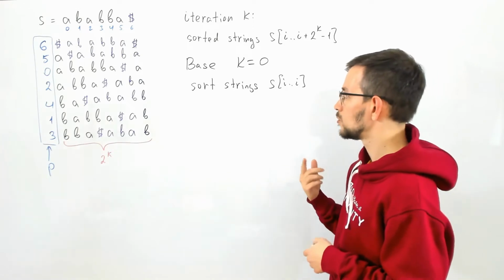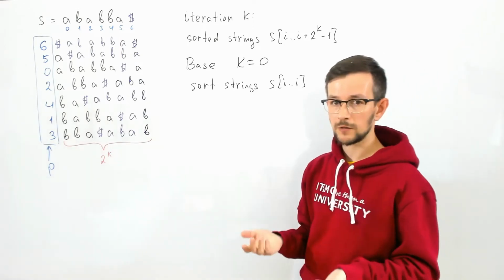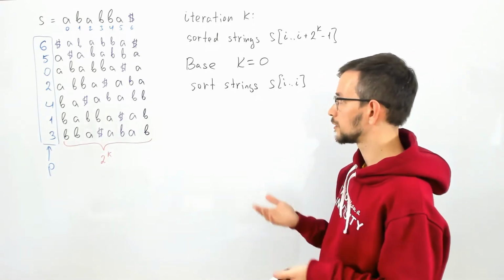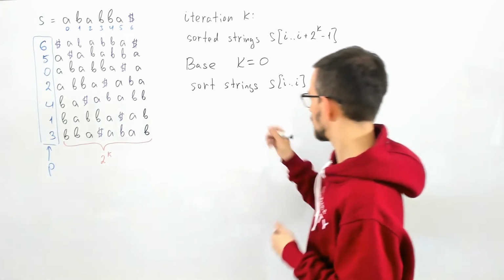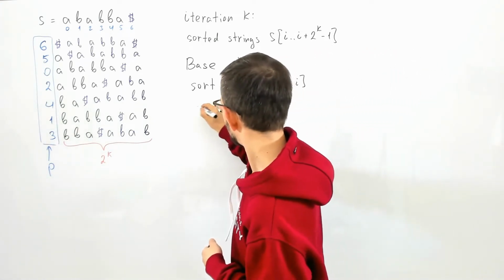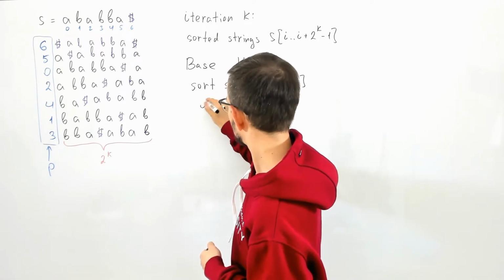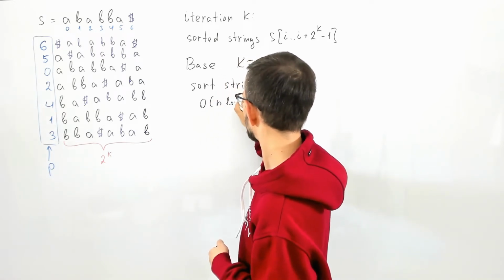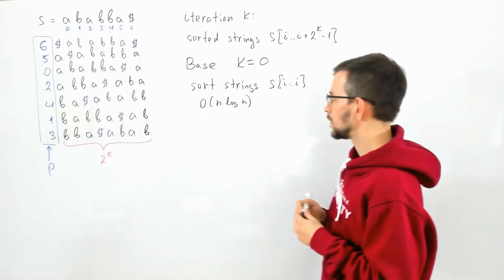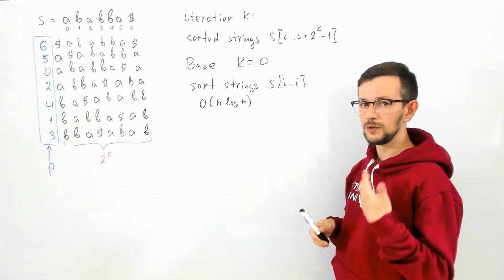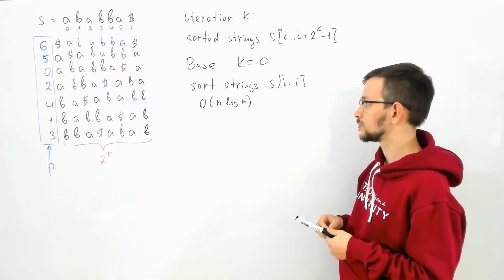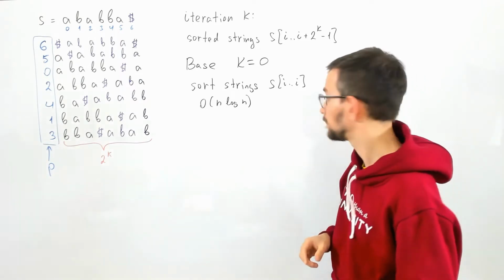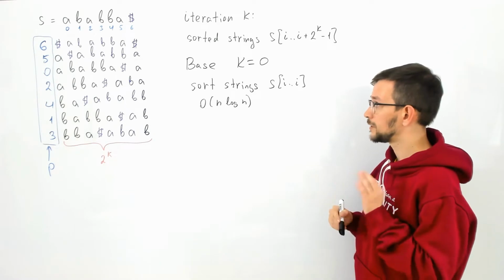So what we can do, we simply can use any sorting algorithm, like merge sort, quick sort, and so on, and make this sorting in n log n time. Basically, you can use the sorting algorithm which is built into your programming language, like merge sort or Timsort or anything like that.